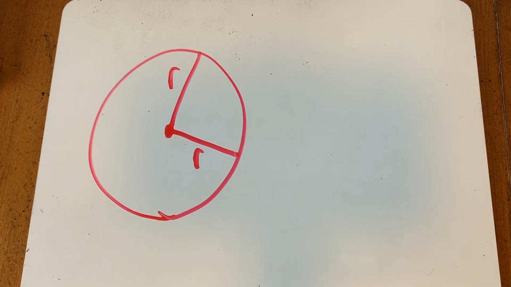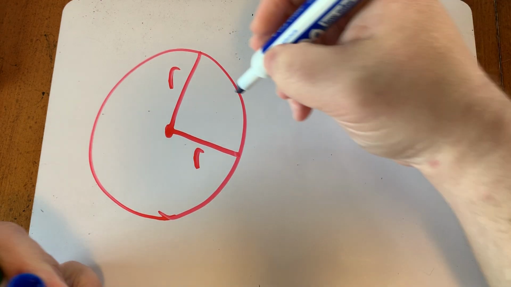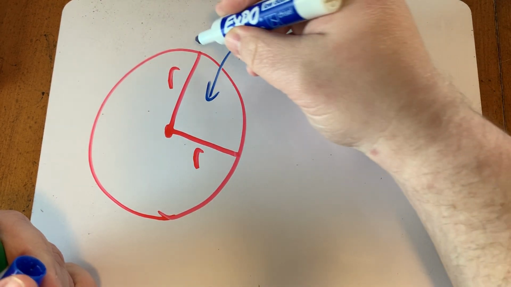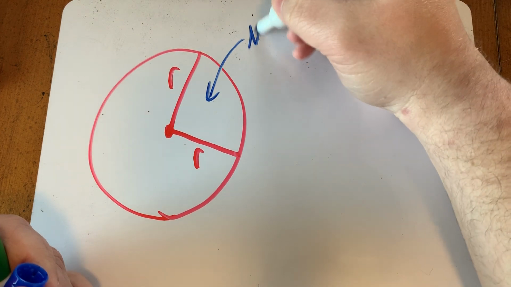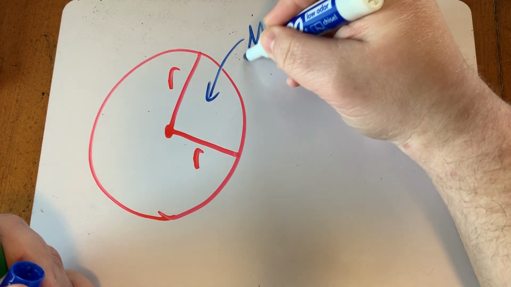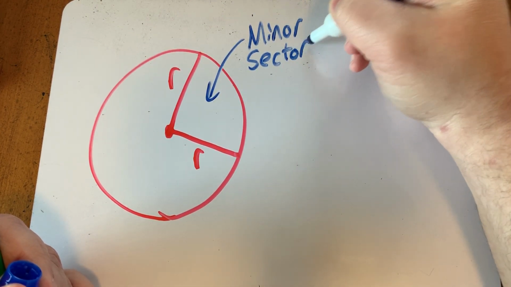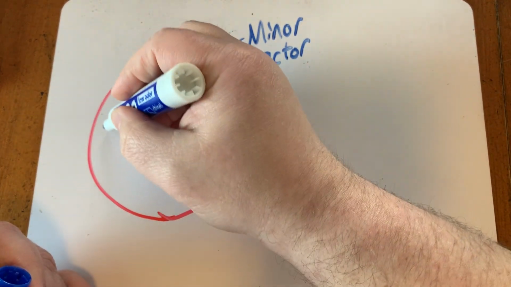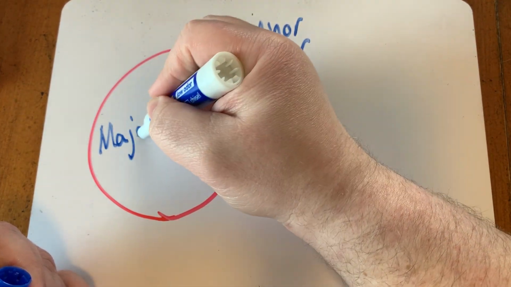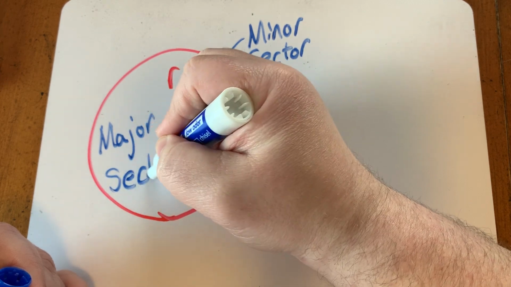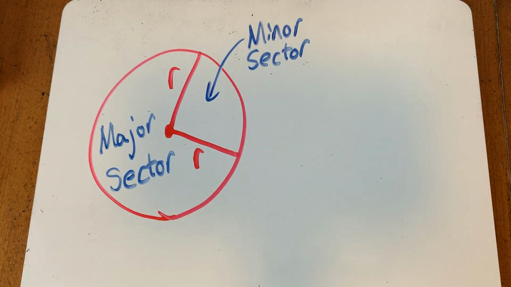There's actually 2 sectors here. If the arc is a minor arc, it is a minor sector. If the arc is a major arc, it is a major sector. I hope that makes sense.